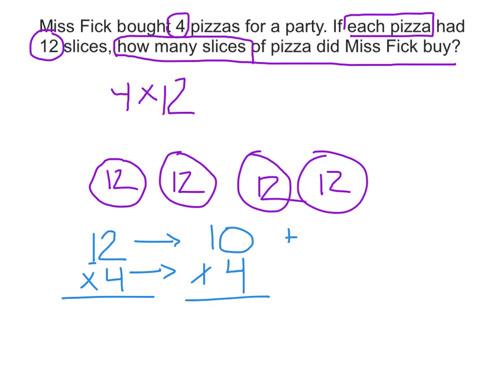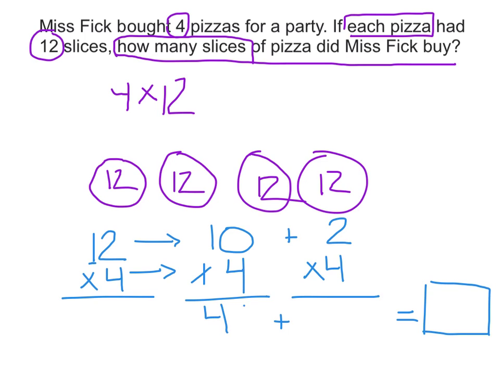I can also take the value of my 2, which is really just 2, and multiply it times the other factor, and then I can add those two together to get my total.